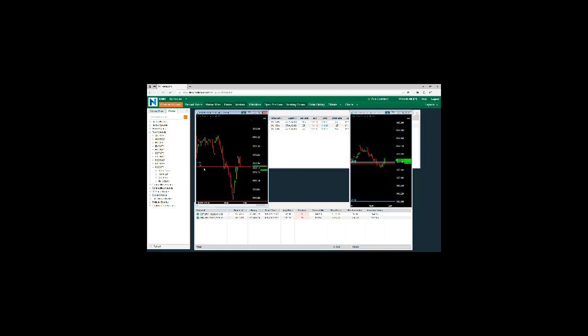111.18. Over on the British pound yen, you can see that the ceiling is at 144 and the entry was at 143.96. Okay, let me see if I can enlarge that some.